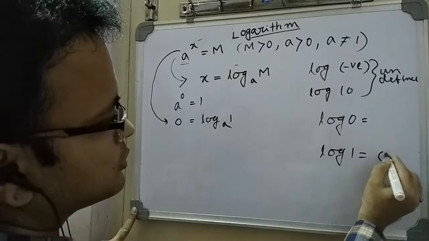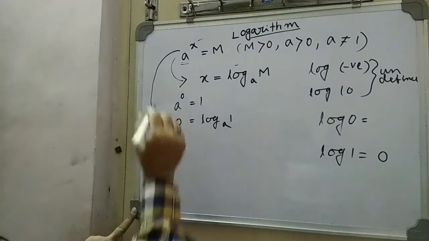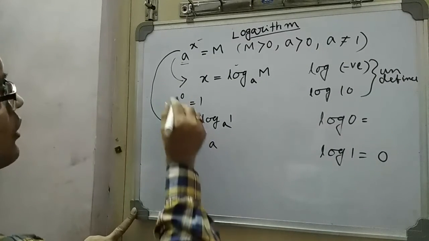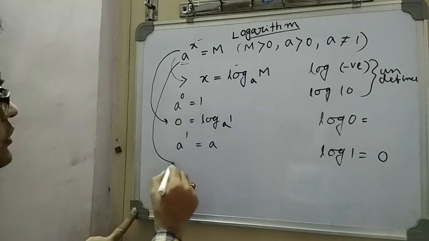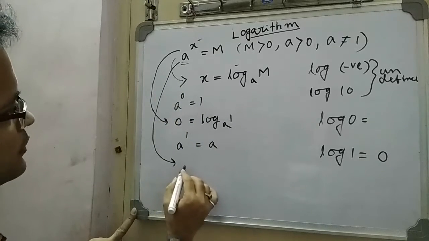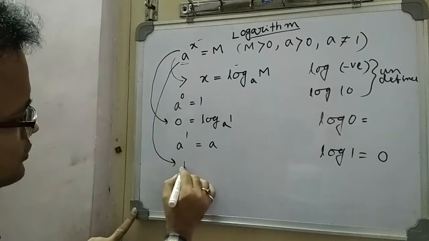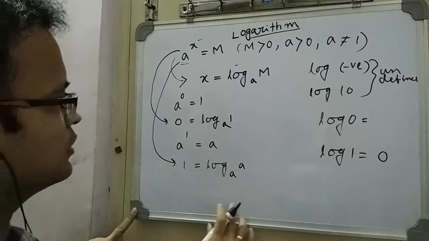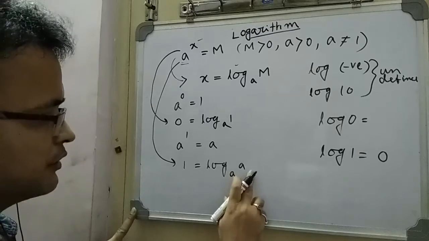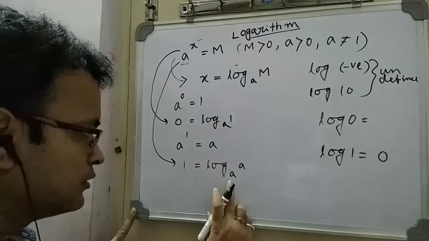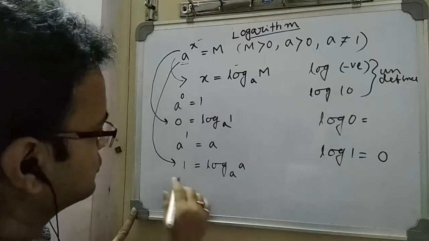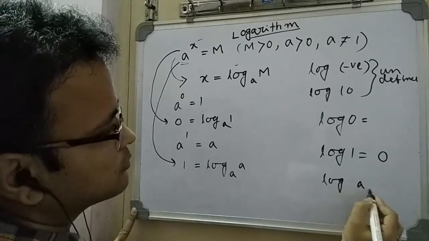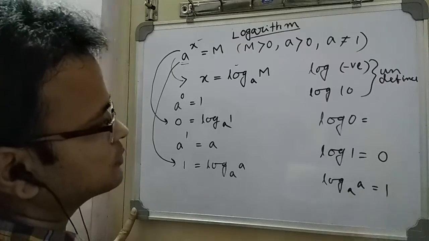Again we know a to the power 1 equal to a, so we can write 1 equal to log a base a. That means the logarithm of anything to the same base is 1.